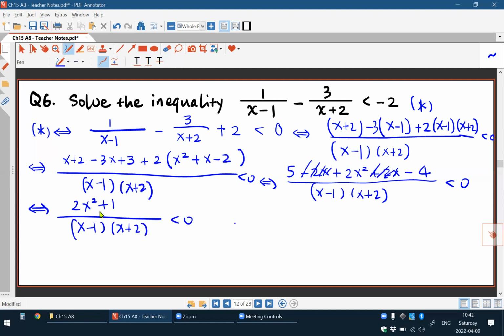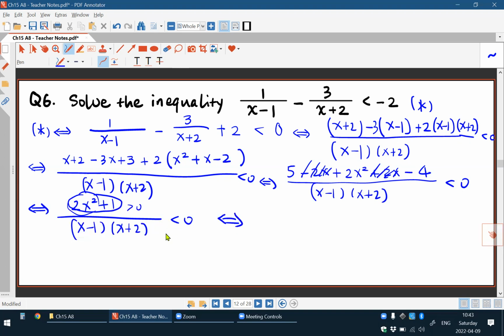So can we simplify this further? Note here, this number, x squared, is greater than or equal to 0, right? And plus 1, so this whole number here must be greater than 0, right? That means we can now divide both sides by 2x squared plus 1, because this number is always greater than 0.